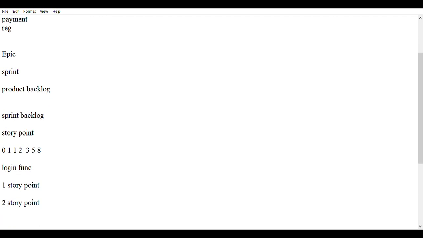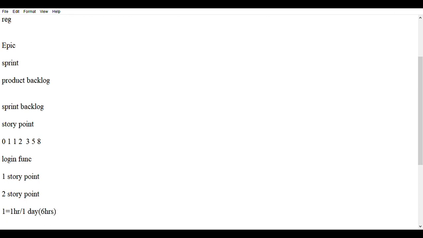So here 1 story point is equal to 1 hour or 1 day. 1 day means it is not 24 hours, it is maybe 6 working hours. It depends upon the company.